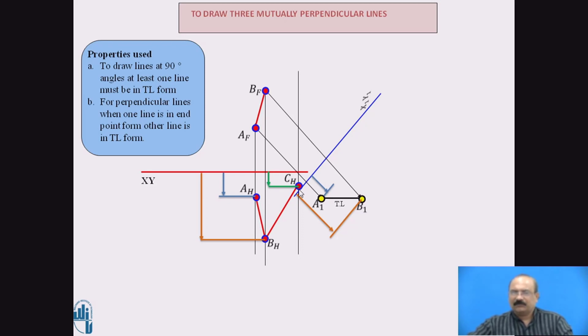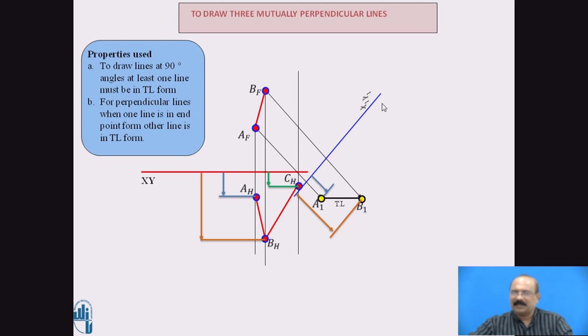Now, for this purpose, you don't have the position of the C point here. You understand? You don't have the position of the C point here. So for that reason, you have to measure this dimension from this x1 y1 line, and somewhere you will get the position of that one. You have to draw a line parallel to the x1 y1 line.